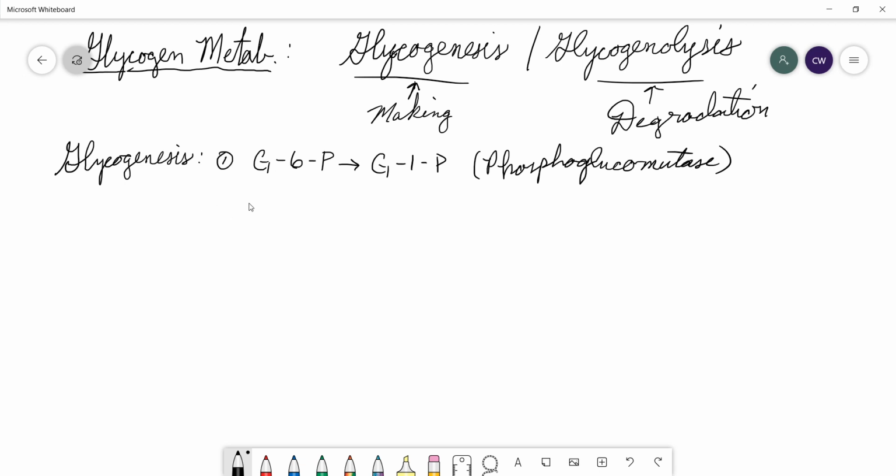After we've got that glucose 1 phosphate, we now have to convert it to UDP glucose, uracil diphosphoglucose.